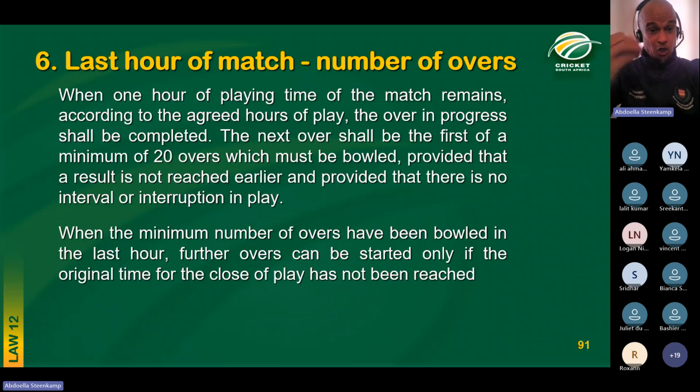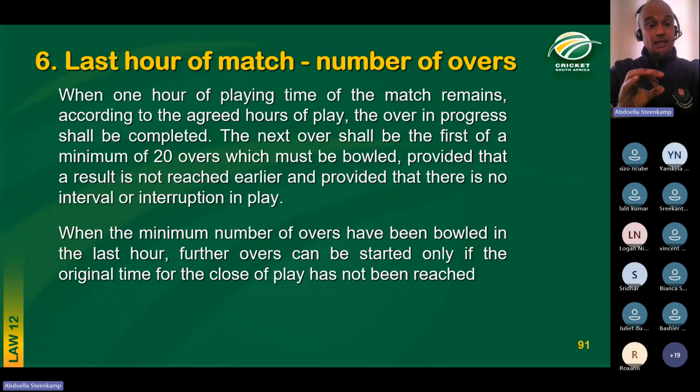Now the last hour of the match is on day 5. So this last hour is from 4 o'clock until 5 o'clock on day 5. And here the law wants a minimum of 20 overs to be bowled in this last hour. So in our test match, day number 5, when we reach the last hour, seeing that our cessation time is at 5 o'clock, our last hour will be from 4 o'clock up until 5 o'clock.